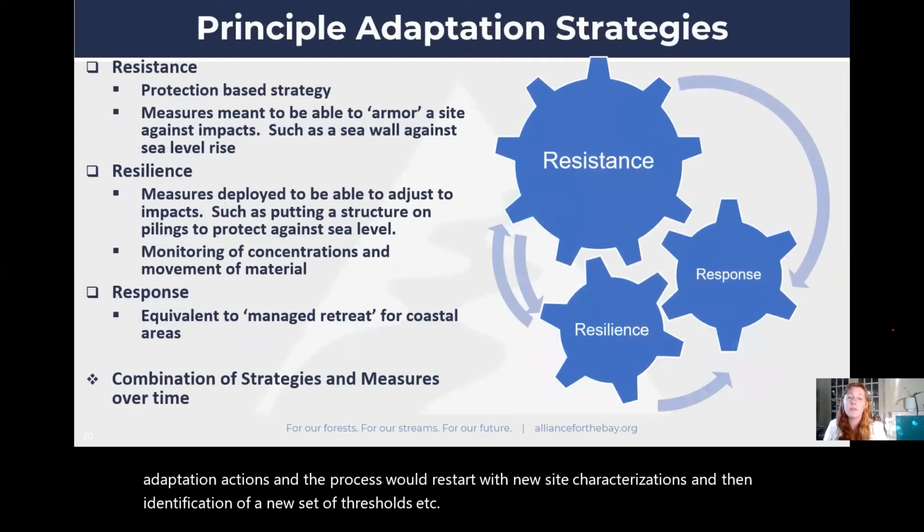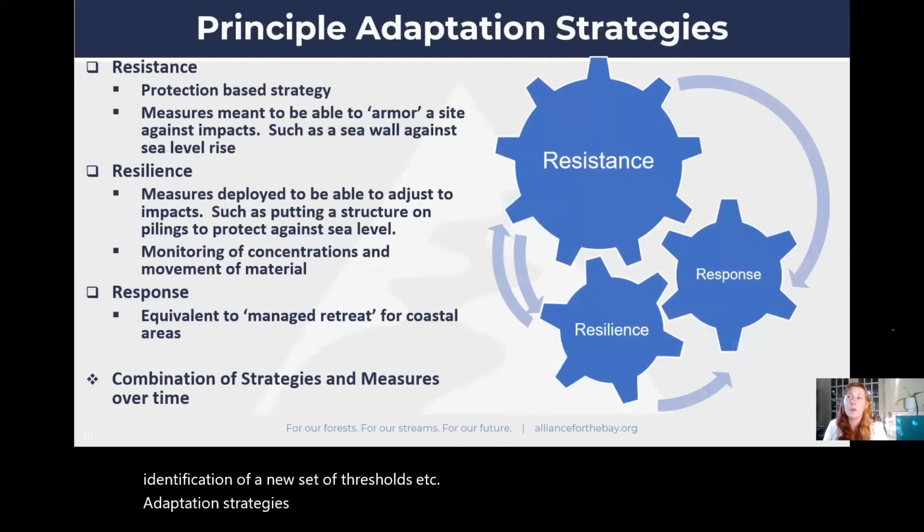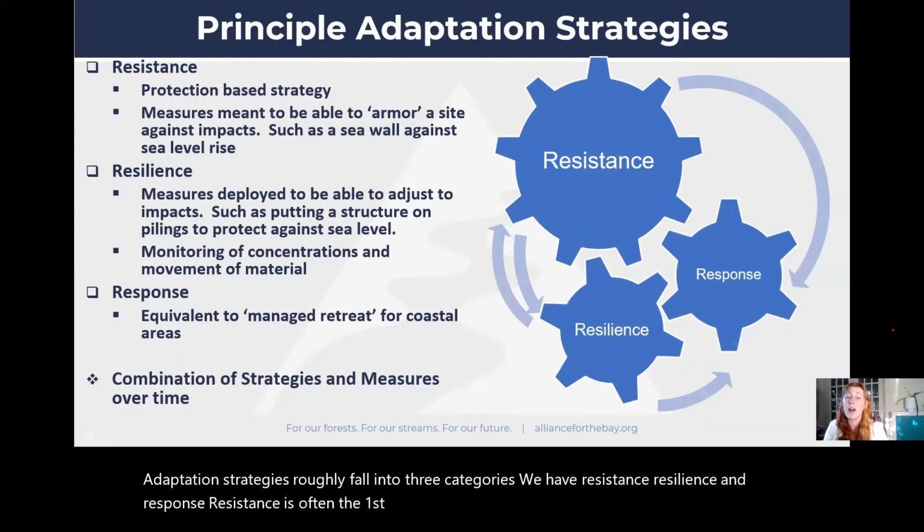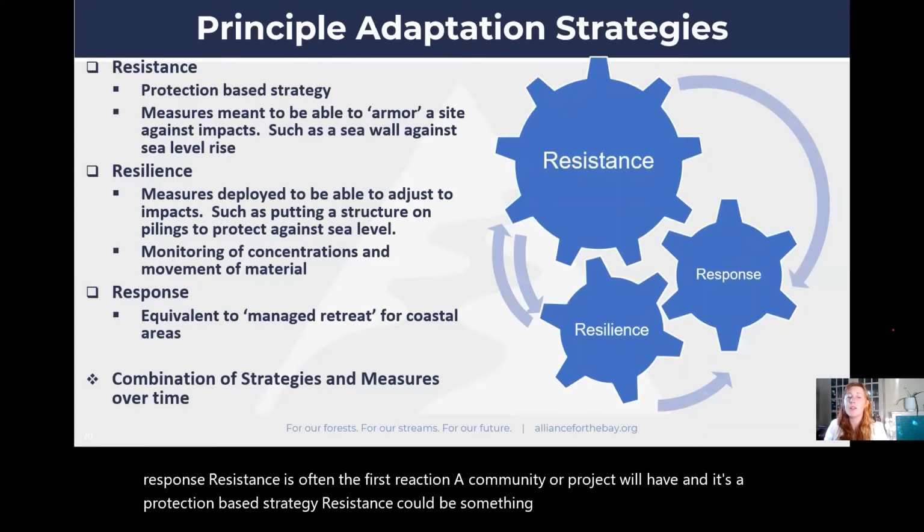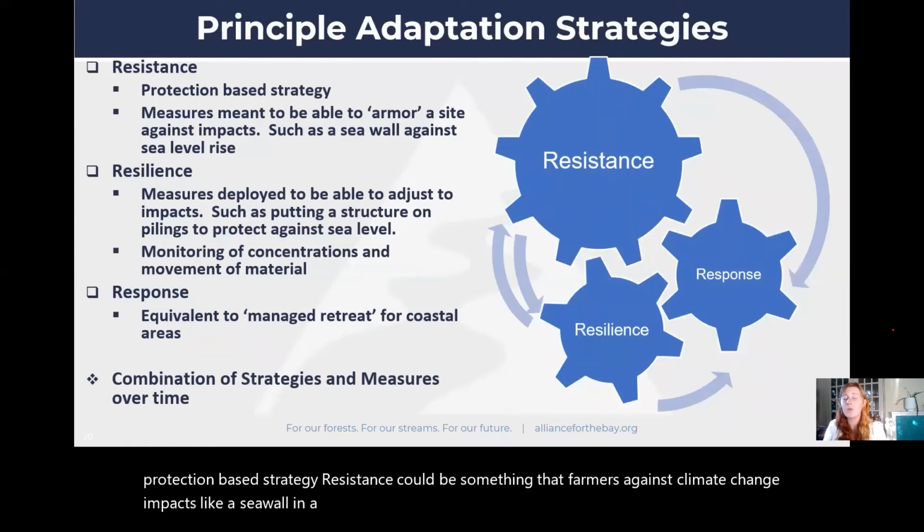Adaptation strategies roughly fall into 3 categories. We have resistance, resilience, and response. Resistance is often the first reaction a community or project will have, and it's a protection-based strategy. Resistance could be something that armors against climate change impacts, like a seawall. In a restoration project, this could be riprap along the side of a stream.